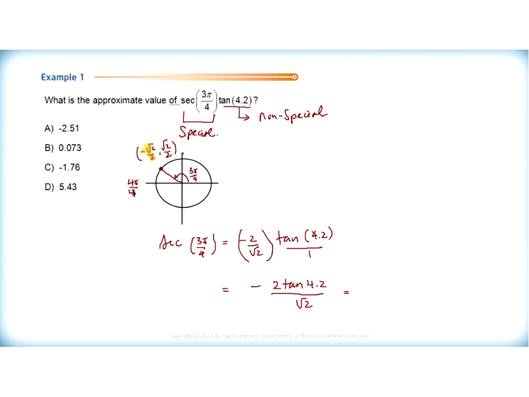So let me change my mode back to radians again because it was just in degrees. So let's do that again. Negative 2 times the tan of 4.2 divided by the root of 2. And I get negative 2.51. Correct answer is A, negative 2.51.